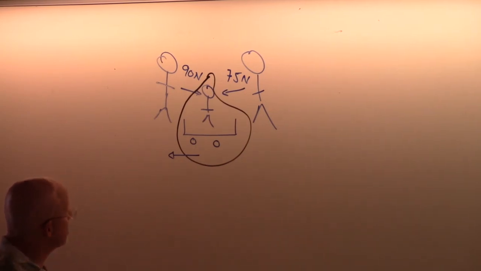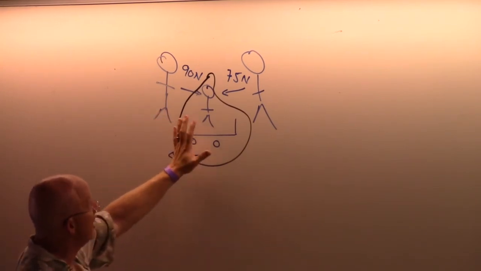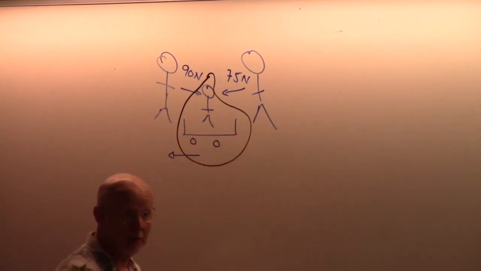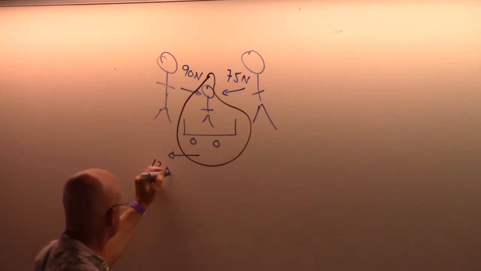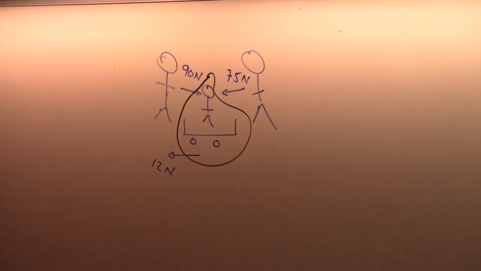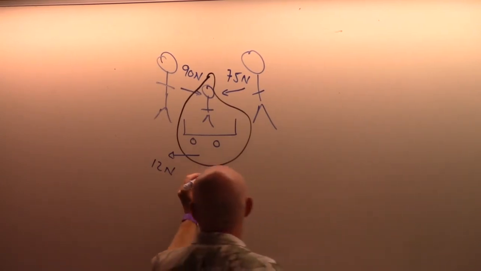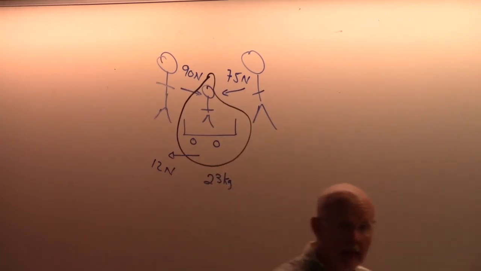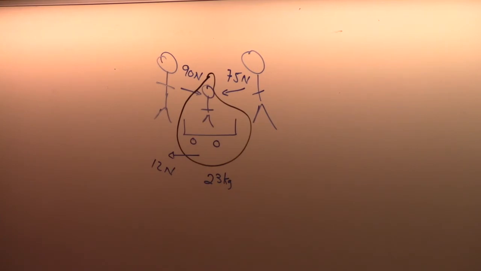I'm going to go ahead and just assume maybe everything starts at rest, and since this child is pushing harder, it's going to kind of move this way. So I'm going to put, and I forgot now, was it a 12? Yeah. And then the mass was 23. And that's your step one. What's going on in this picture? Okay?